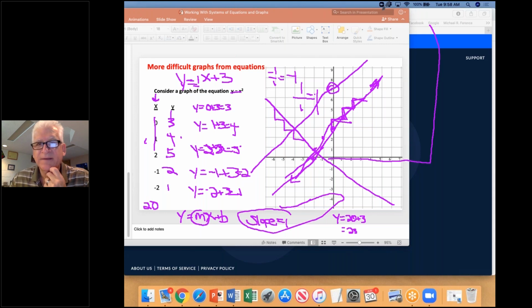So this line right here has a slope of -1. It has a y-intercept of -1. It's negative because, as I mentioned, it's going downhill. It still goes on to infinity in both directions.